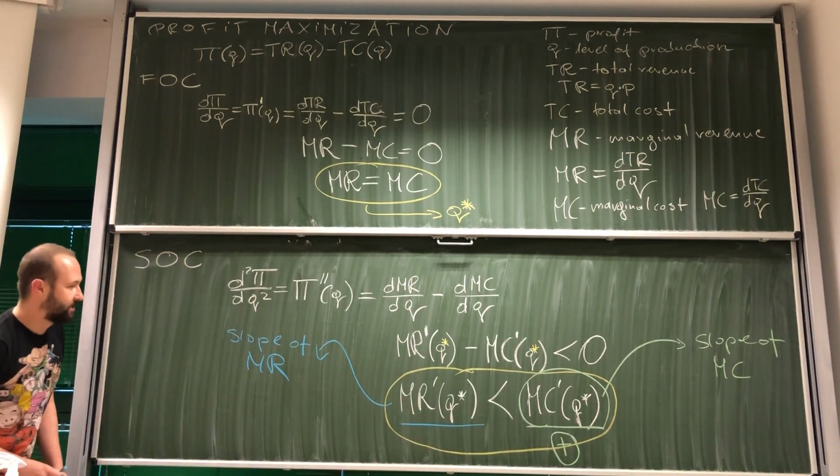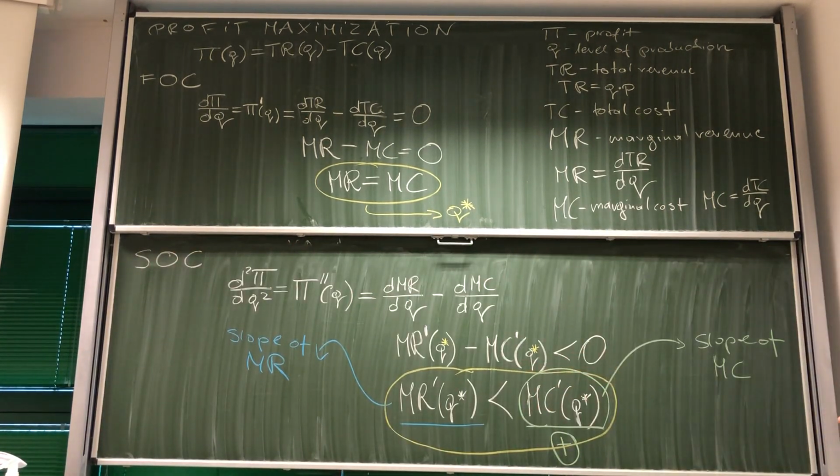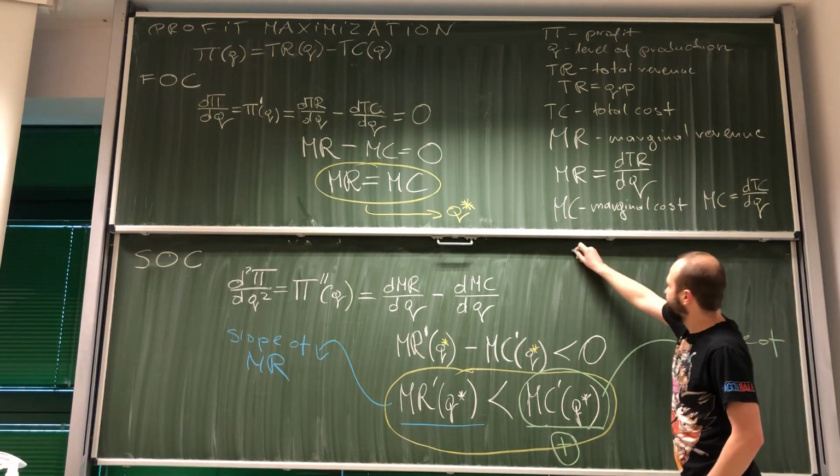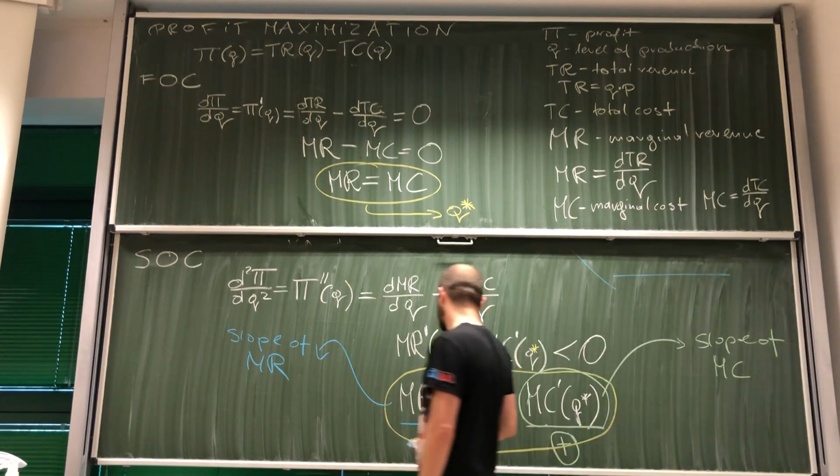On the other hand, in case of marginal revenue, when we have, of course, a well-behaved demand, marginal revenue is either a decreasing function, or in a special case, it can be a flat function.